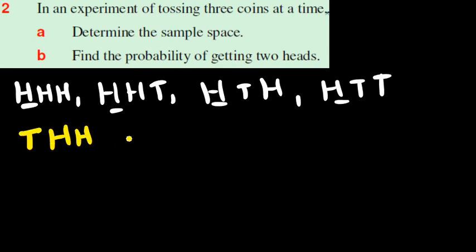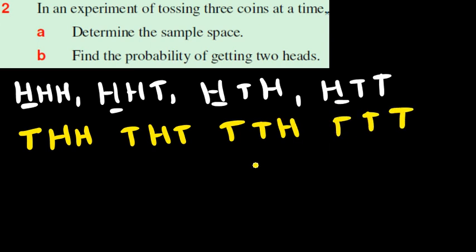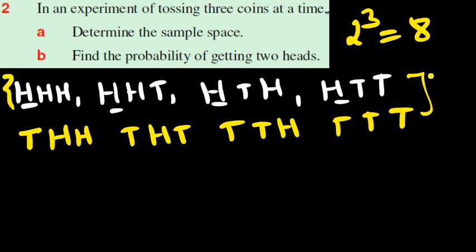Tail, head, head, tail, head, tail, tail, tail, head, and tail, tail, tail. So we have 8 chances, 2 to the power of 3. If you toss 3 coins, 2 to the power of 3 possible outcomes we can have, which is 8. So determine the sample space. The sample space is this one, the set of all, you can put it in braces.